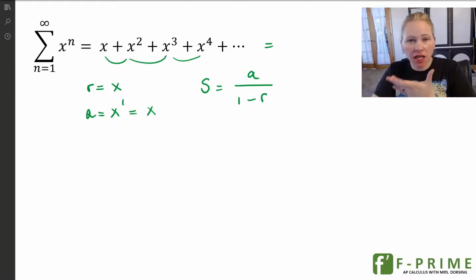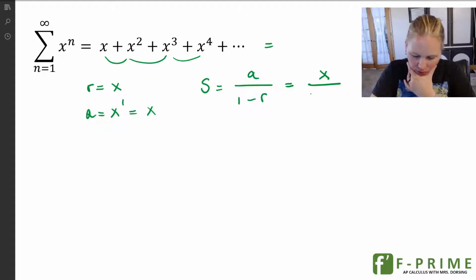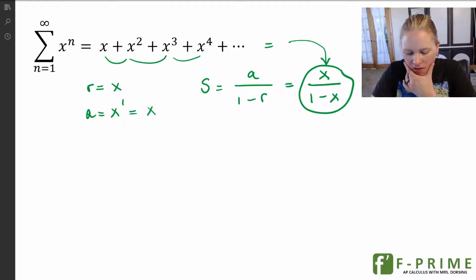Assuming that it converges, it would converge to x over 1 minus x. Interesting. So I have this series that looks like a polynomial, but it also kind of looks like this function. So whatever x is, this will converge to this value.